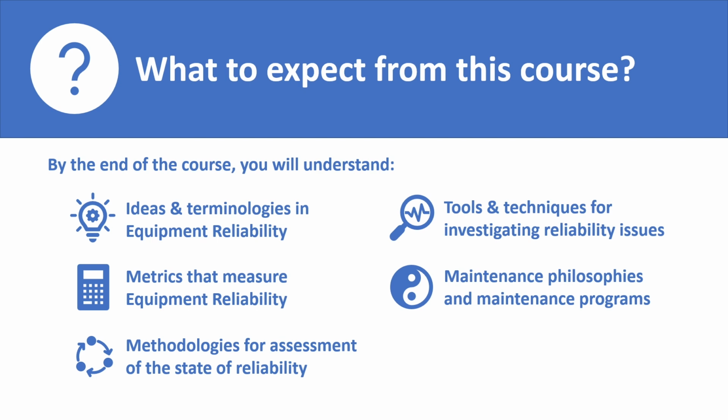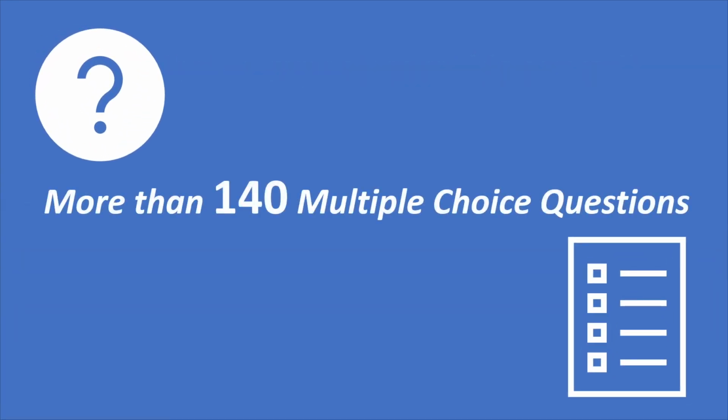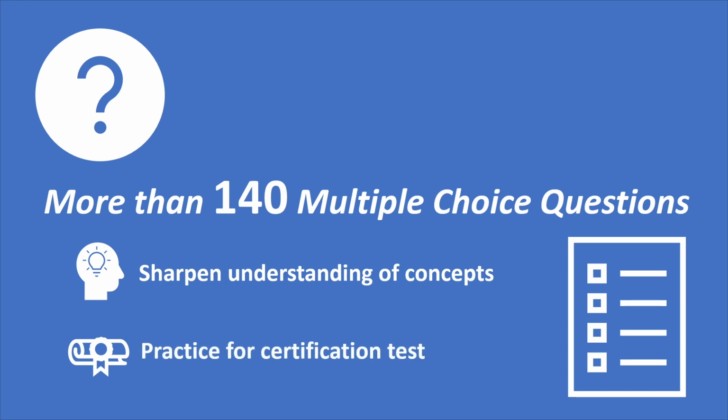Finally, you will also get introduced to the common analytical and statistical models used for measuring reliability growth. You will also get more than 140 multiple choice practice questions that will sharpen your understanding of the maintenance and reliability concepts, while at the same time prepare you for certification tests like the CMRP.